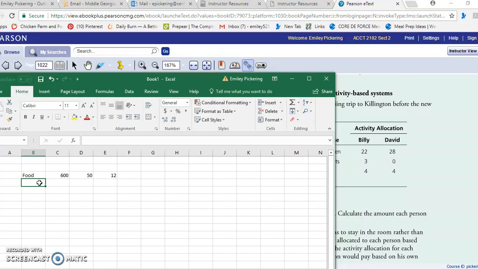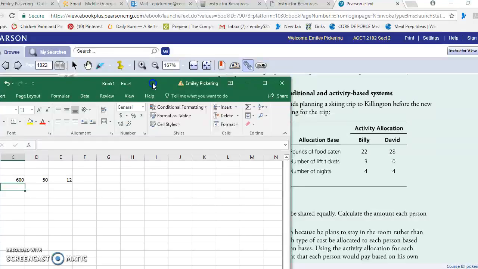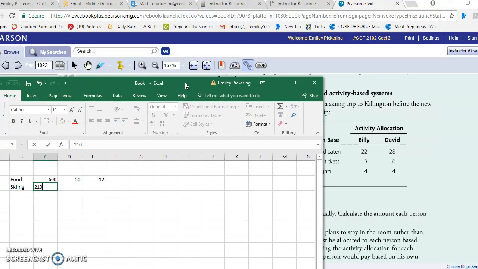We're going to do the same thing for the ski lift tickets. The cost for the ski lift tickets is 210, and they're going to be 3. So the cost per ticket is going to be $70.